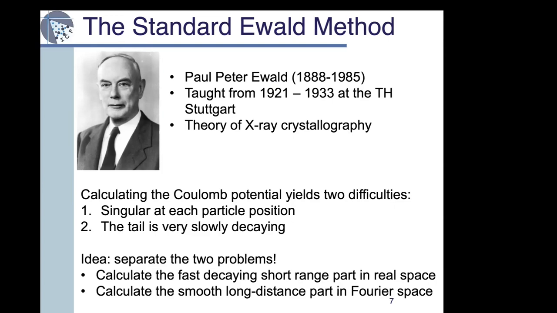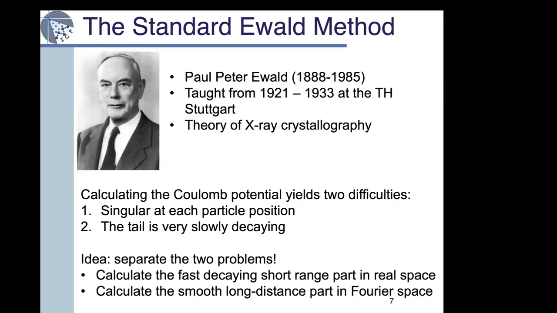So calculating the Coulomb potential is difficult on two sides, because it's of course singular at each particle position, because it's 1 over r. So if you overlap, you run into infinity, and the tail is very slowly decaying. This is the reason for the conditional convergence, and also the reason why we cannot simply cut it off, because things very far away can still contribute, especially if you then go to infinity.